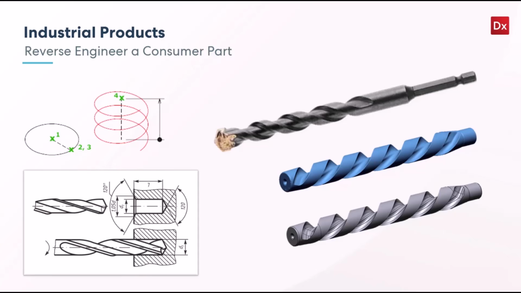But those initial stages of dimensioning and creating and finding out what that helix is, is really where the challenge lies. So for today, we'll go ahead and jump in using this application and jump over to DesignX and start rolling back a history tree and taking a look at how we approach this part.